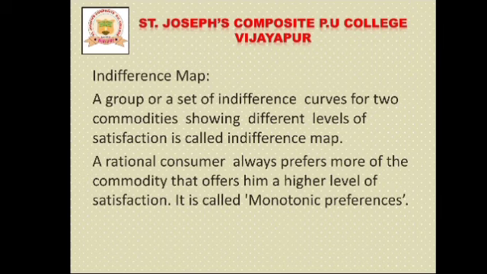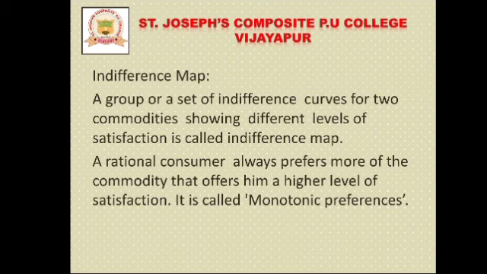An indifference map is a group or a set of indifference curves. You know the diagram of an indifference curve. So the group or the set of indifference curves for two commodities, either apple or banana, showing different levels of satisfaction, is called an indifference map.